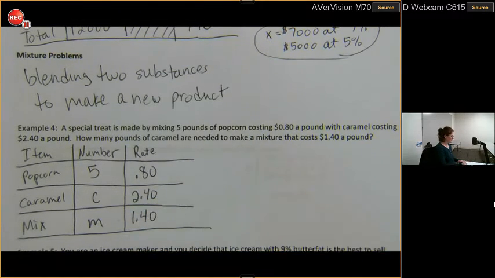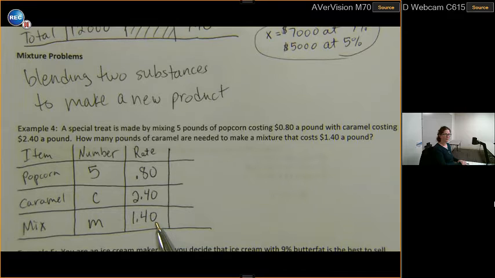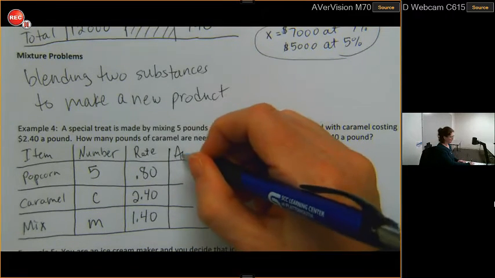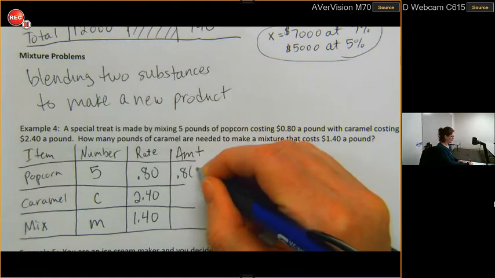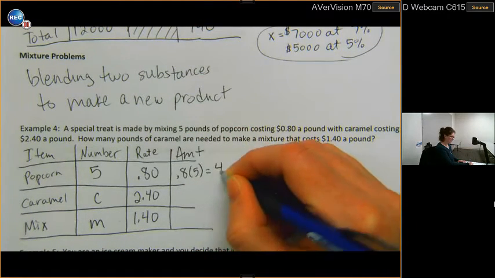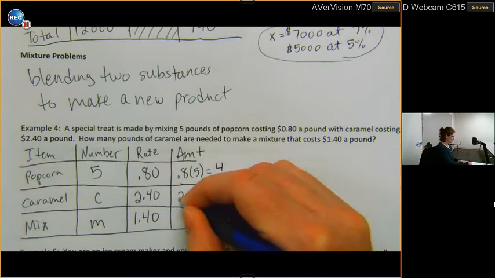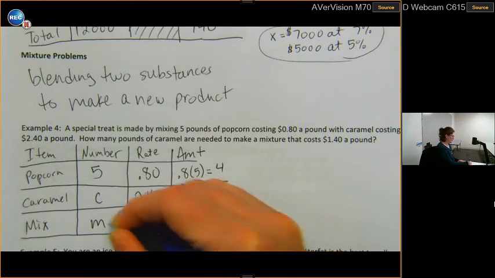So this will be an exception to our rule with our table, the mixture rate will have a value. However, it is not the sum of the two above. See, in the number column, 5 plus C is going to equal M. And in our amount column, which we get by multiplying, it's going to be 4.